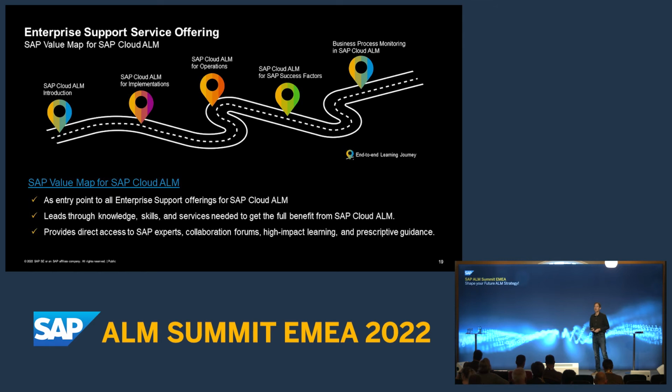Those value maps are nothing new. There are value maps for SAP Solution Manager, and there is now also, since I think 2 years, a value map for SAP Cloud ALM. The value map itself is structured into so-called learning journeys. There are 5 of them, or even 6. One is a learning journey with an introduction into Cloud ALM. There's a learning journey for the implementation and operations piece.